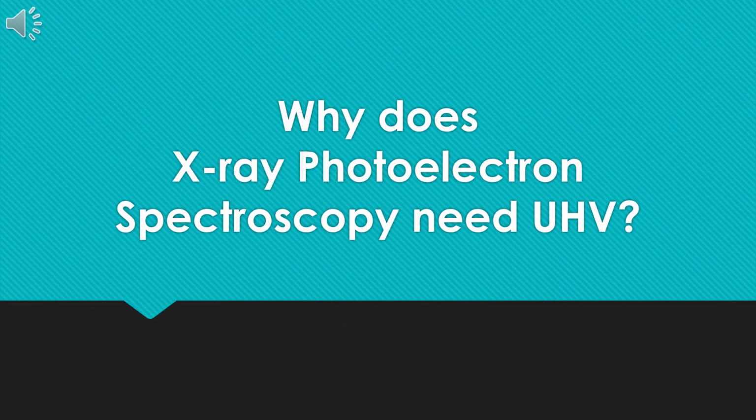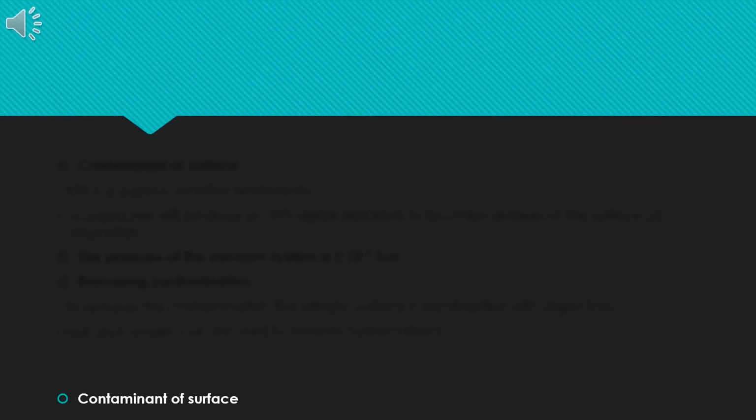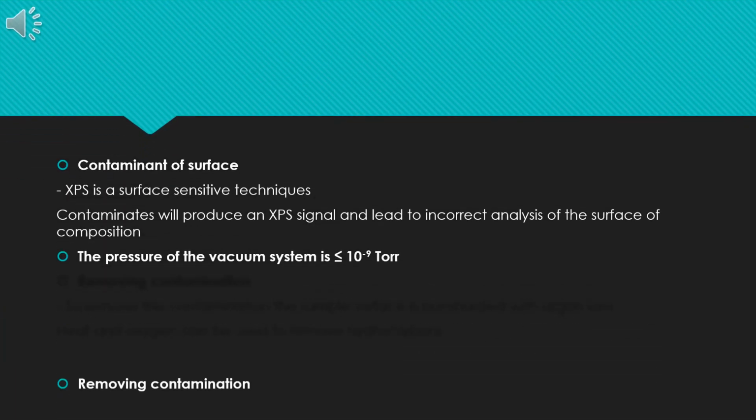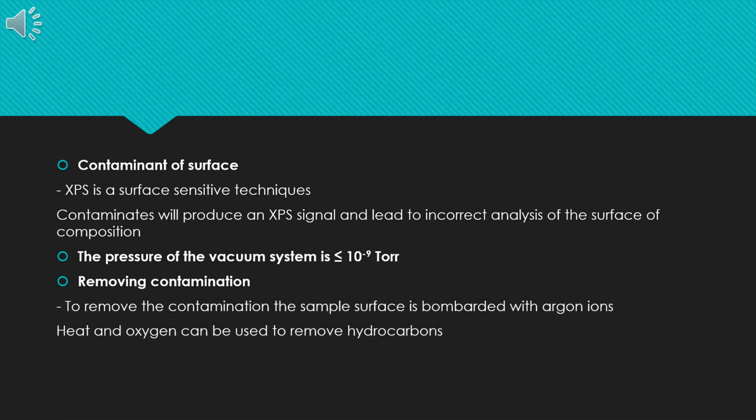The next slide is about why X-ray photoelectron spectroscopy needs UHV, or ultra-high vacuum. X-ray photoelectron spectroscopy needs ultra-high vacuum. The first factor is contamination of the surface.